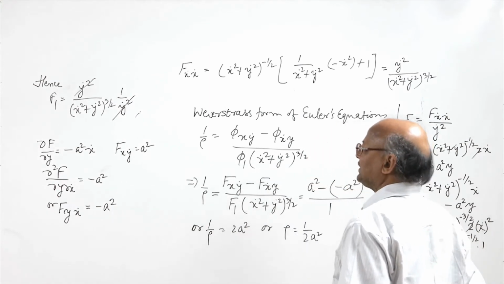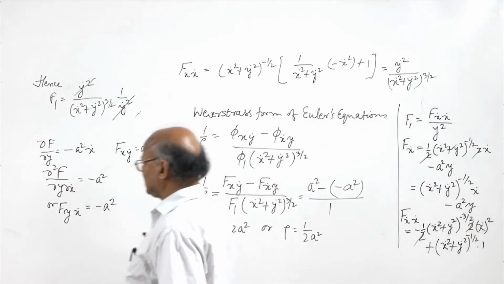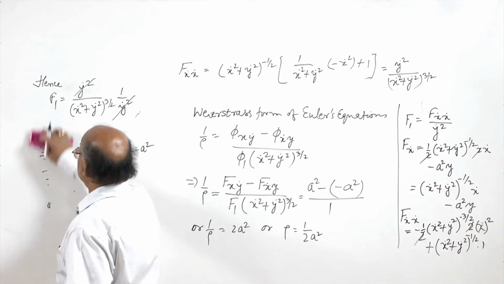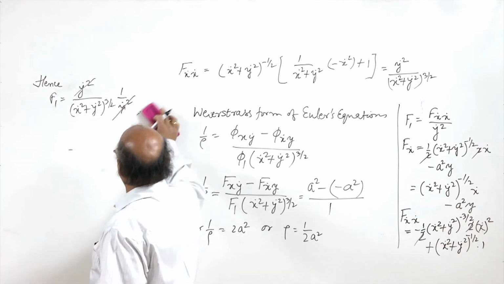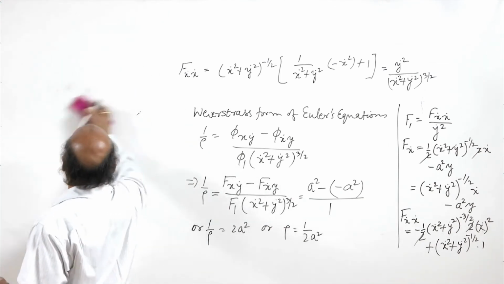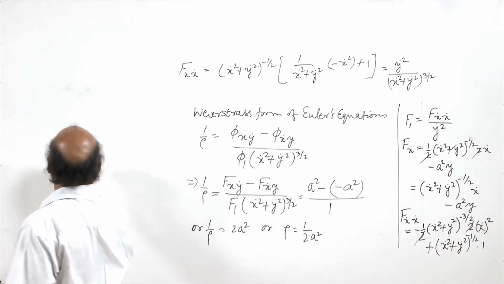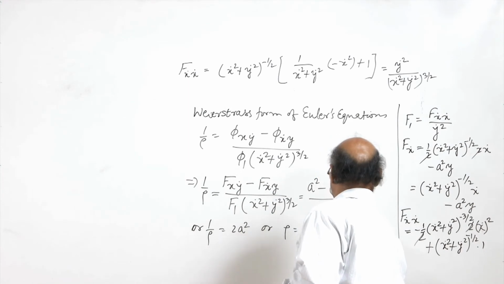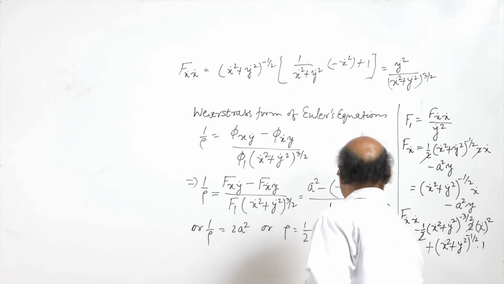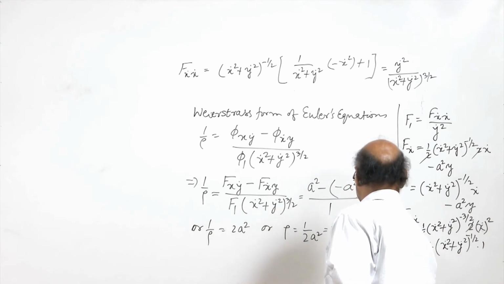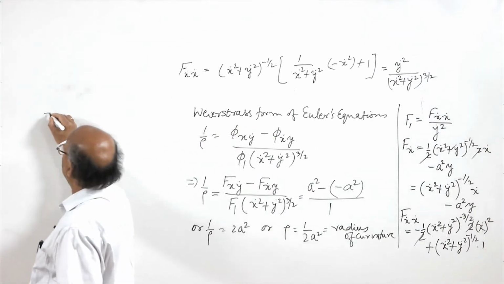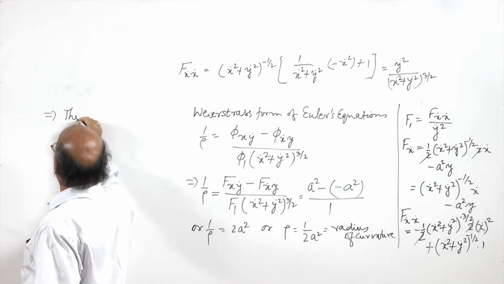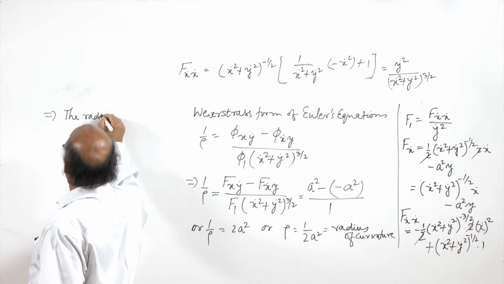Now here rho is the radius of curvature. So the radius of curvature is a constant quantity, and therefore the extremals are circles. So this rho is the radius of curvature.